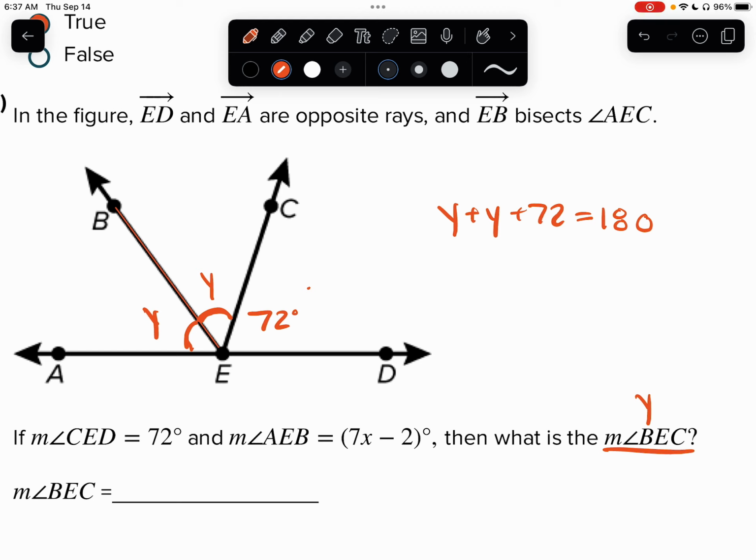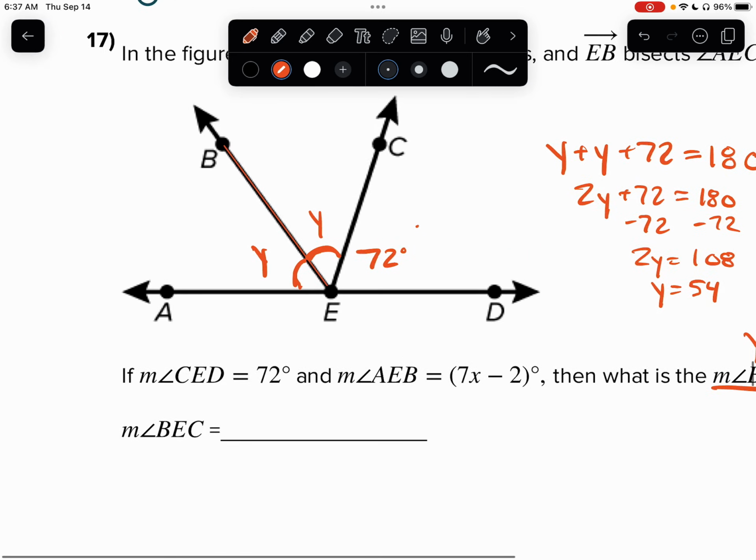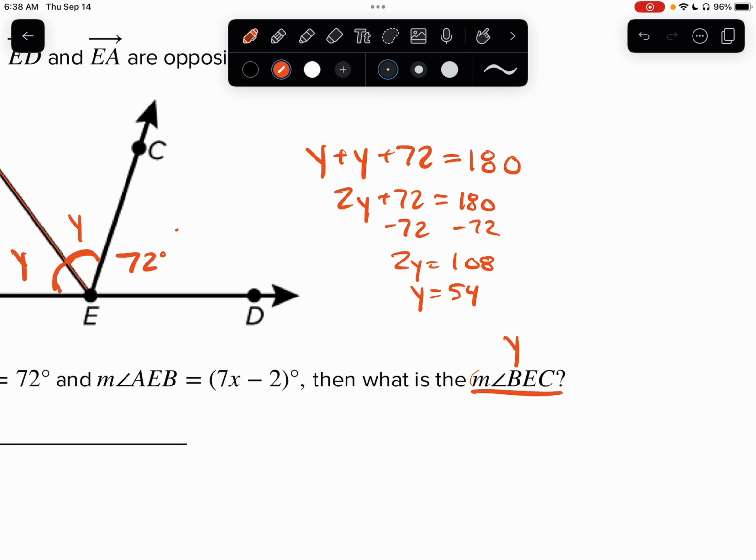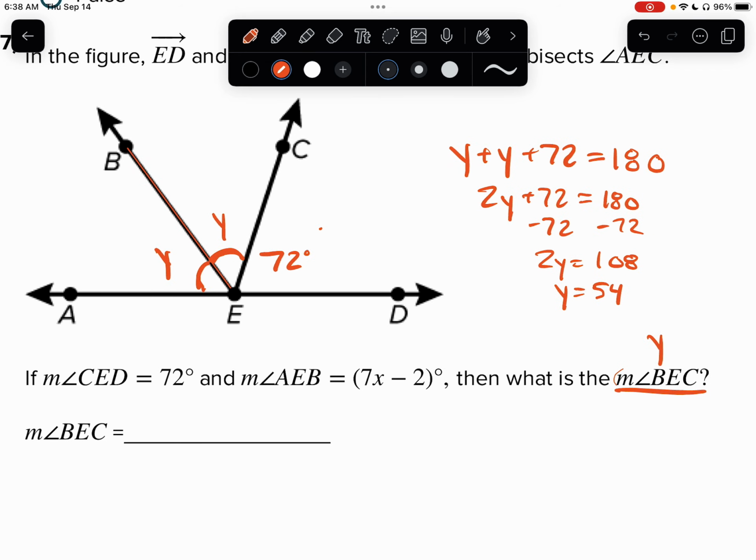So y plus y is 2y plus 72 is 180. Now I subtract that 72. So 2y equals 108, divided by 2, and y equals 54. So, like I said, measure of angle BEC is that y. So BEC is 54 degrees.